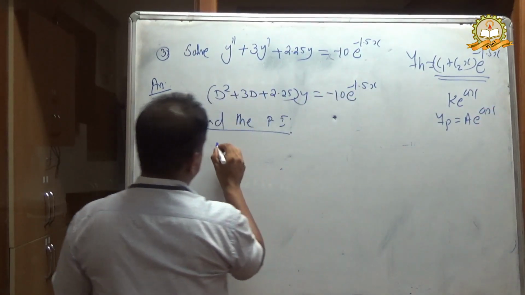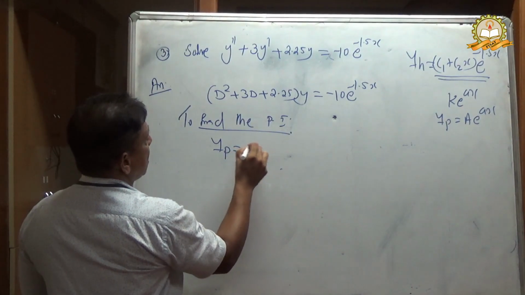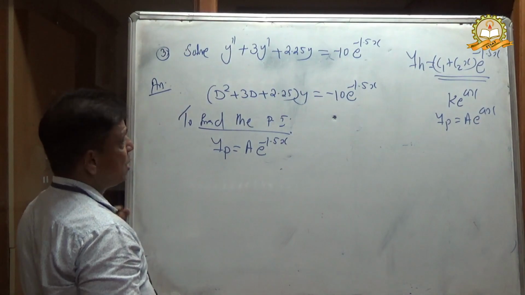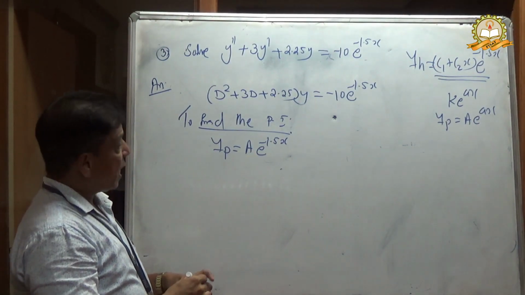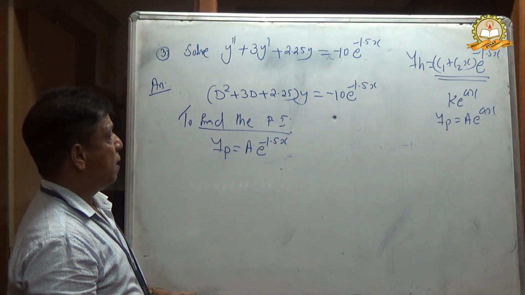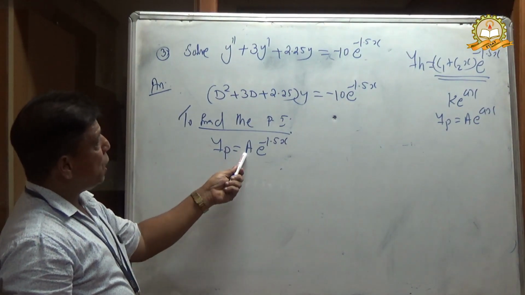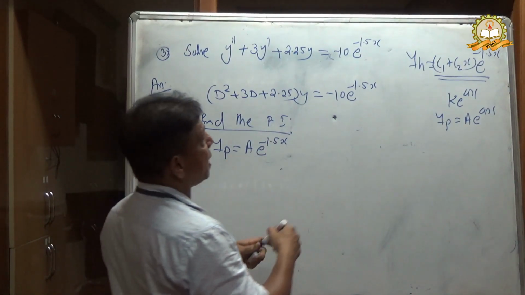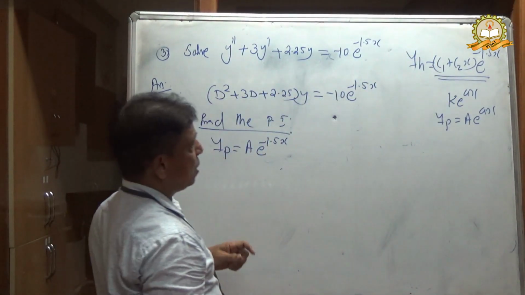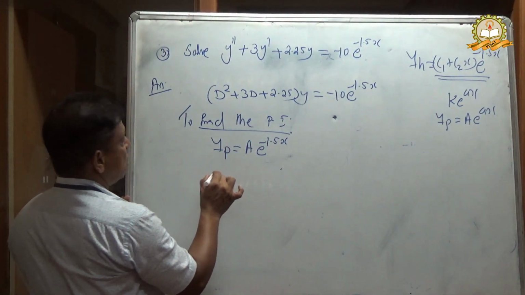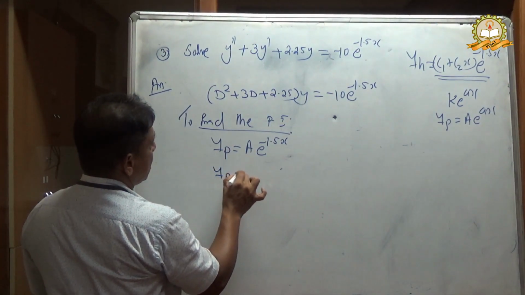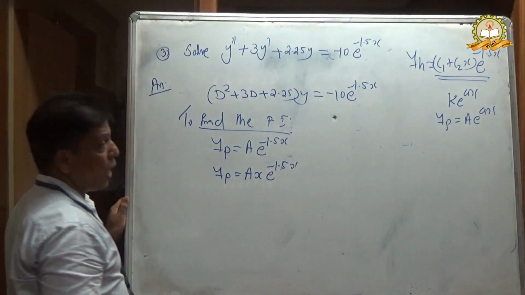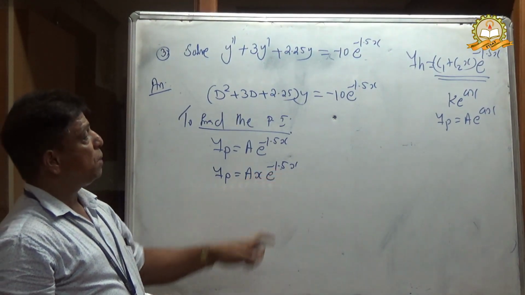Here we assume yp as a into e raised to minus 1.5x. But when we take yp as a into e raised to minus 1.5x, this same result will appear in the complementary function. Therefore, to avoid this, we multiply by x: yp is a into x into e raised to minus 1.5x.